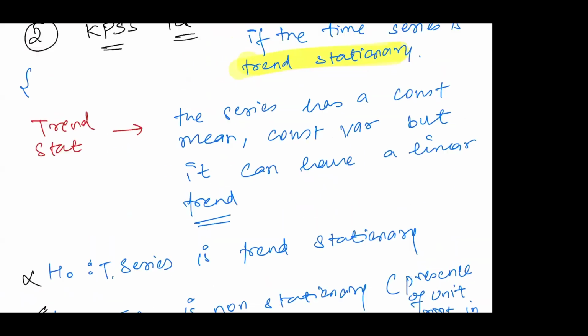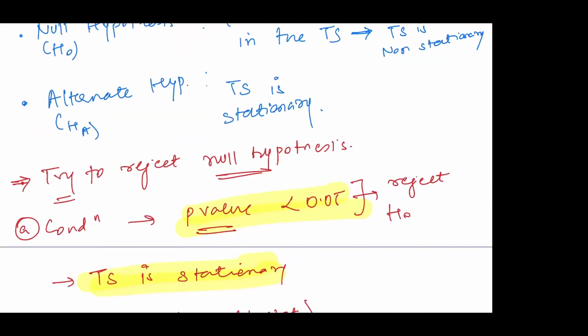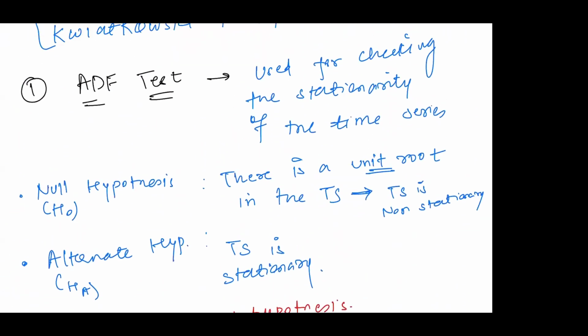If you see, the null hypothesis here is that it is trend stationary, but in ADF, what we were assuming is that it is non-stationary. So that's why I'm saying it's just the opposite.